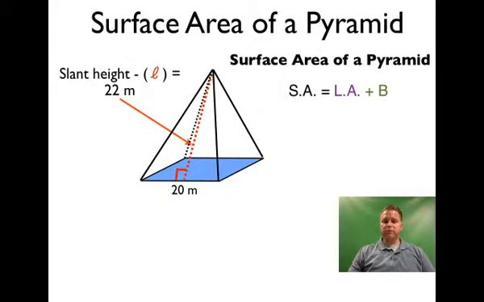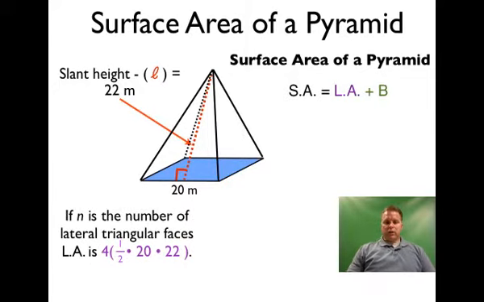So let's try one together and see what we get. If n is the number of lateral triangular faces, then the lateral area in this case is going to be 4, because there's 4 sides, times 1/2 times 20, which is the length of the base, times the slant height, which is 22.